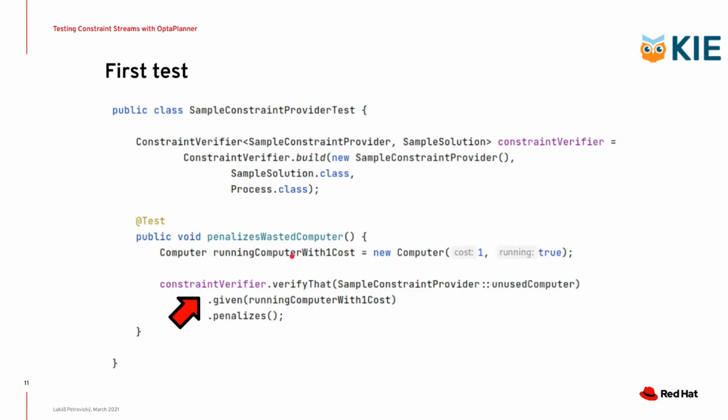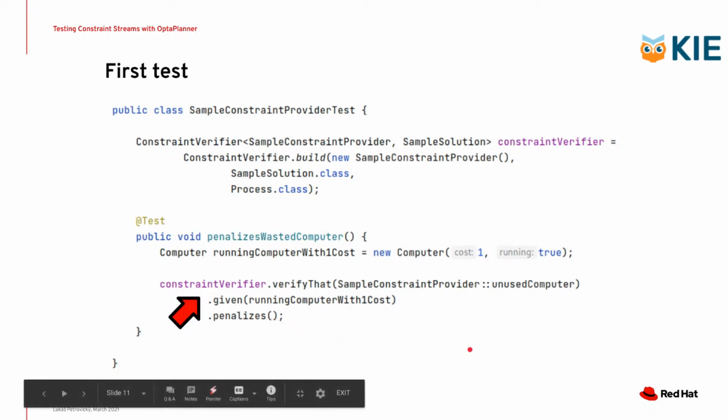So the constraint verifier will take the constraint. It will give it as input this one computer, and it will make sure that the end result of that is a penalty. It doesn't care what penalty it is, if it's hard, if it's soft, if there's 2, if there's 5, it doesn't care. It will just check that there is some sort of a penalty.